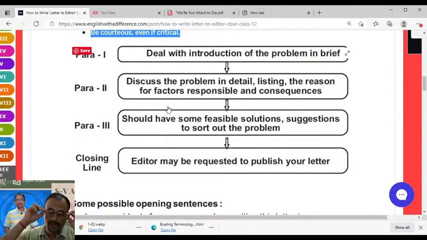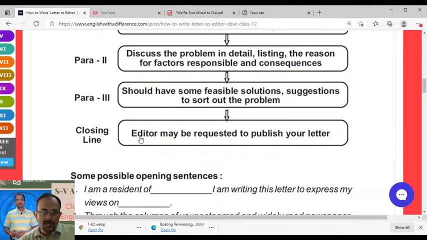Deal with the introduction of the problem in brief. Discuss the problem in detail, listing the reasons, factors responsible and consequences. Give some feasible solutions and suggestions to sort out the problem. The editor may be requested to publish your letter. Towards the end you can request the editor to publish your letter.